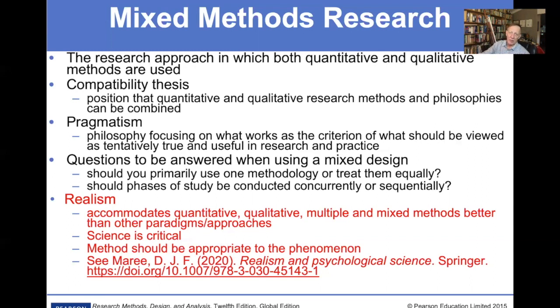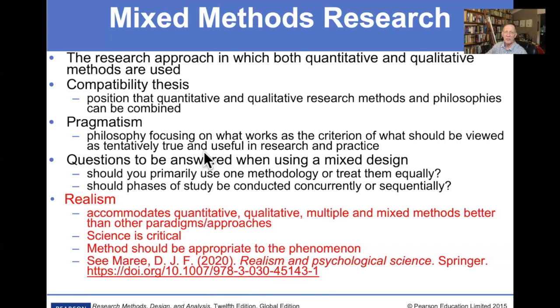And depending on the method that you use, whether it's qualitative, quantitative, or a combination, you are involved in a critical engagement with the phenomenon, right? The systematic critical engagement. And there you can see this author wrote something about realism in psychological science, which can be nice to have.